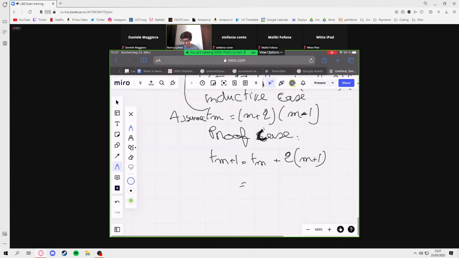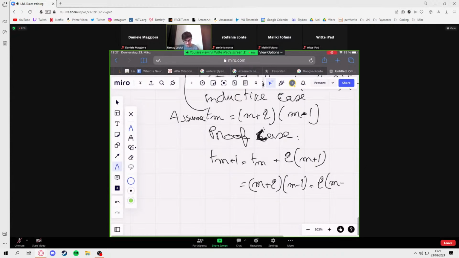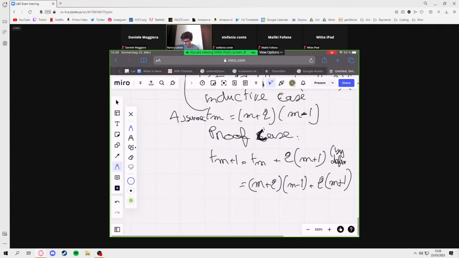And then, since we already have m from our assumption here, we're gonna use that. And our T basically becomes 2m minus 1, 2m plus 1. And of course, this is by definition. This is just the inductive step.